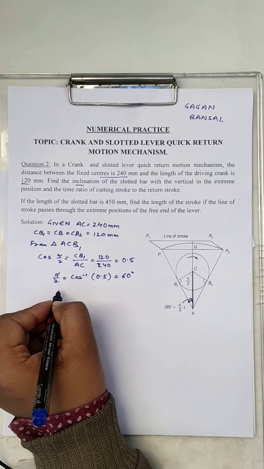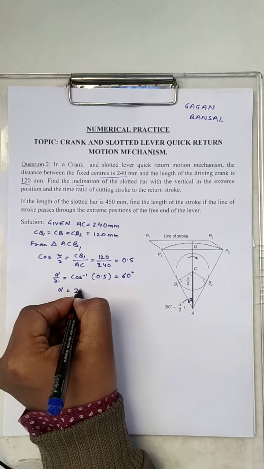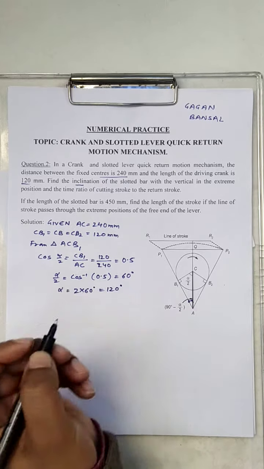Also we can take alpha equals 2 into 60 degree, that is 120 degree.